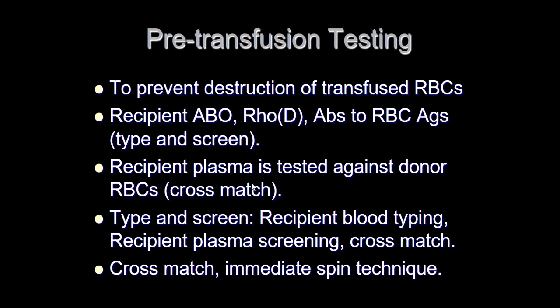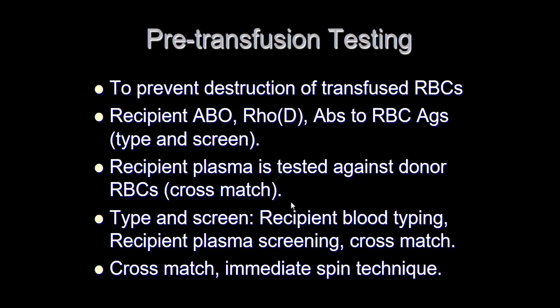So the recipient plasma is tested against the donor red blood cells, and this is what we call the cross match. So if I ask you what do we mean by the cross match, it simply means we go to the recipient blood, we take the plasma, recipient plasma, which is supposed to have antibodies, and then we add on those the donor's red blood cells.